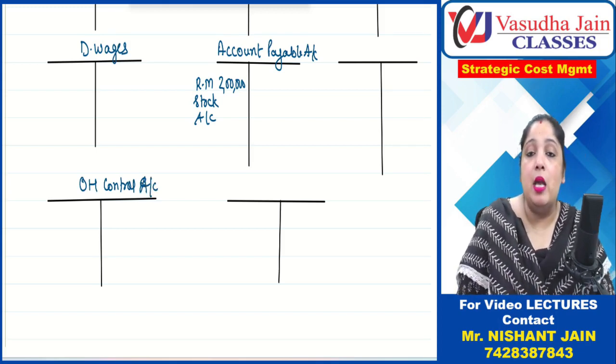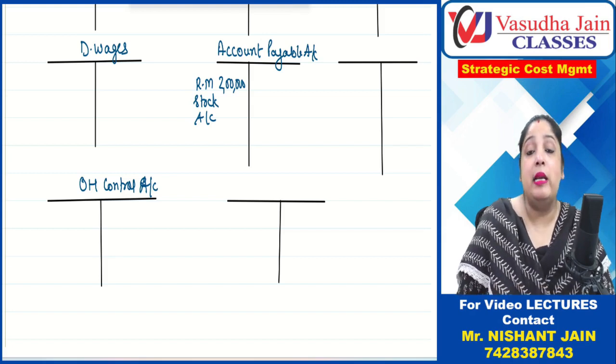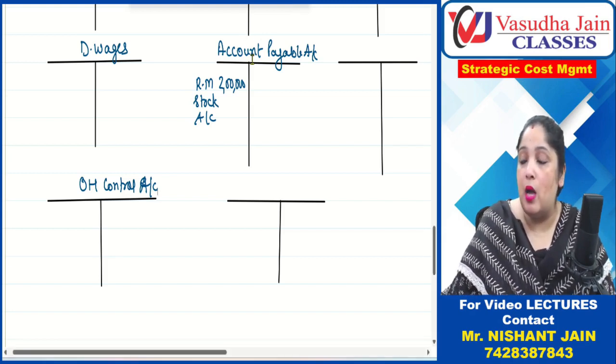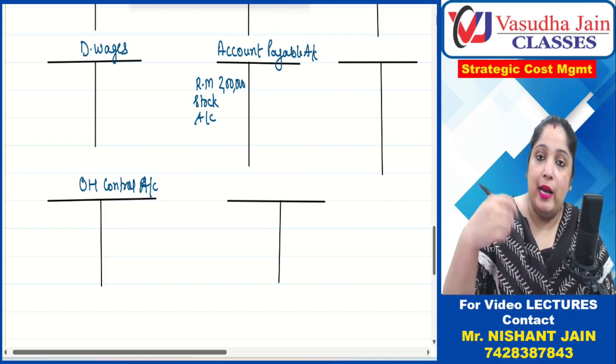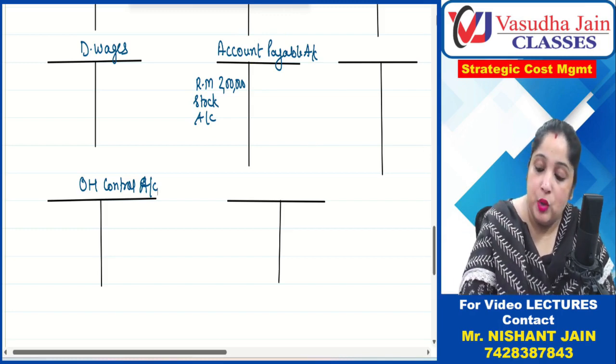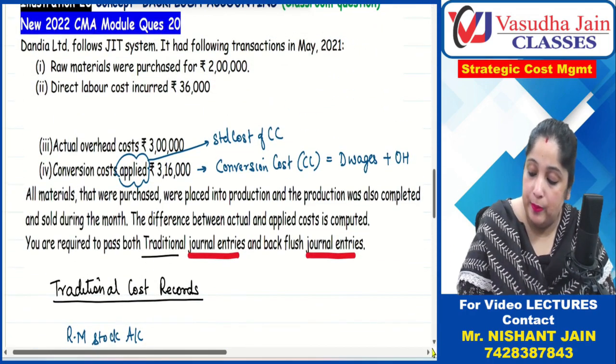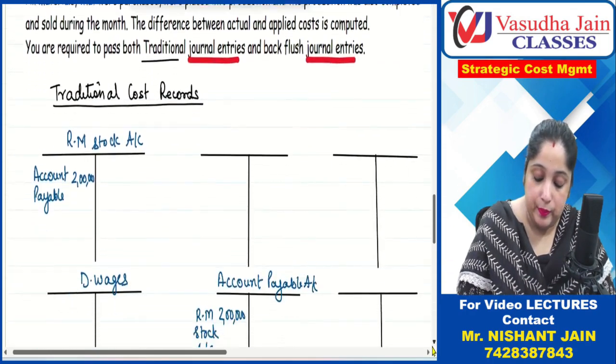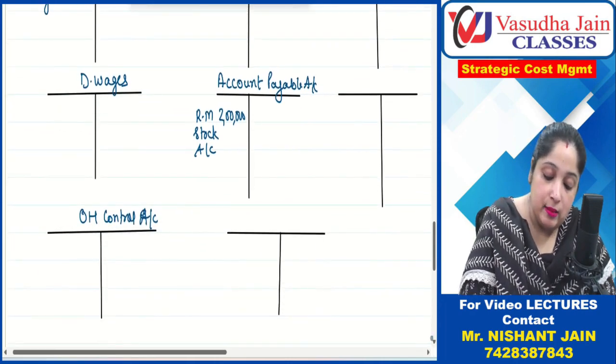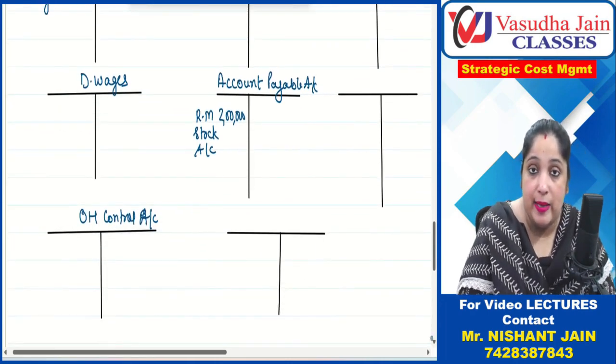Now direct wages have been incurred. Either direct wages you have paid in cash or it is still outstanding. So we are using a common account as accounts payable account, for the outstanding amount. So we are assuming direct wages are still outstanding. So how much is direct wages? 36,000, right? Okay. So direct wages expense. When an expense increases, the expense account is debited.